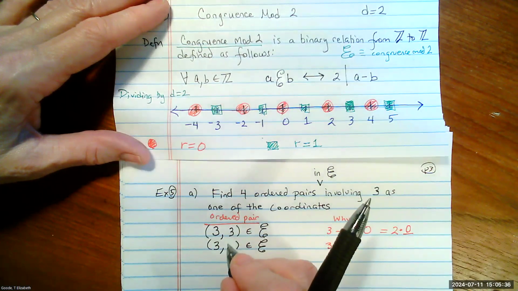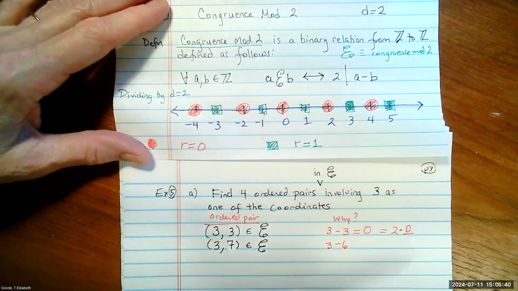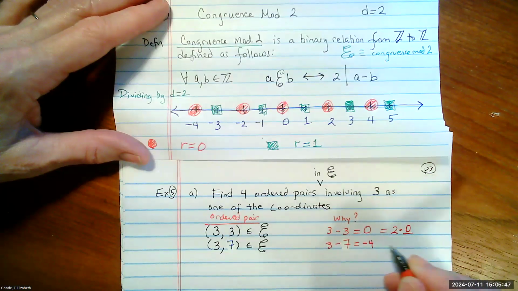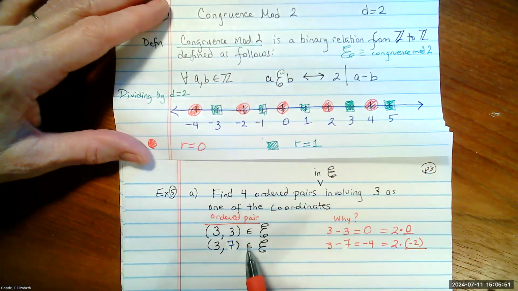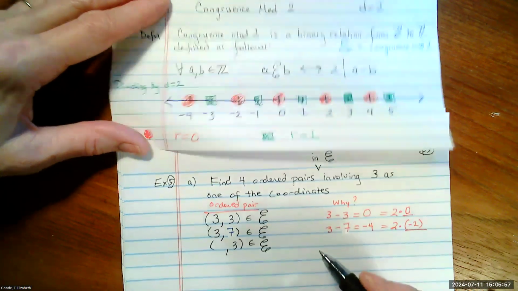How about 3 and 7? Better. Because the distance between 3 and 7, or 3 minus 7, is negative 4, and that's 2 times negative 2. All the odds have to go with odds. Let's put 3 as a second coordinate and find a first coordinate.